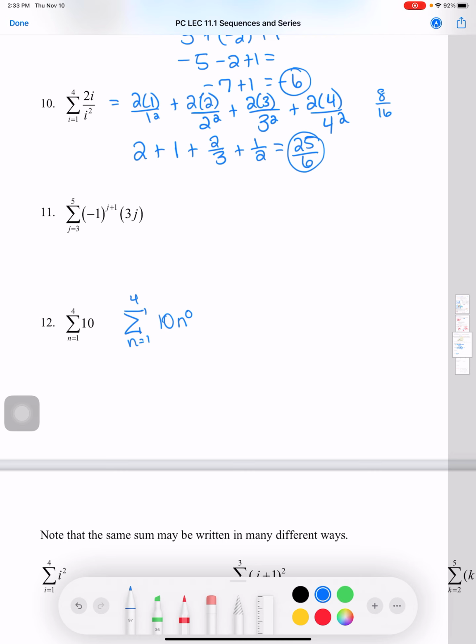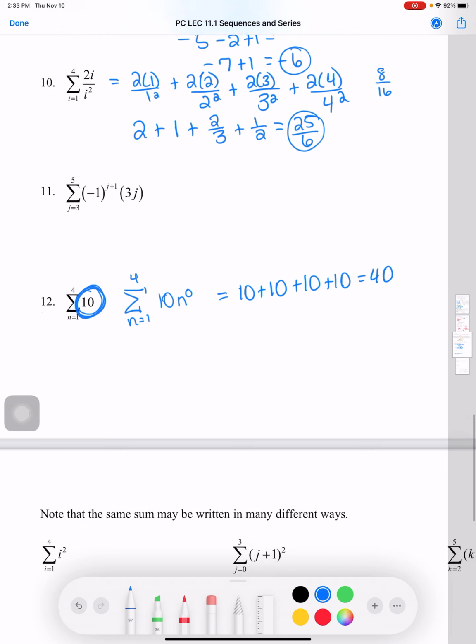In other words, when I substitute 1 for n, I get 10. When I substitute 2, I get 10. When I substitute 3, I get 10. And when I substitute 4, I get 10. So whichever way makes sense to you, just understand that if there's just a constant there, then the answer is not just 10. It's going to be 10, in this case, 4 times.